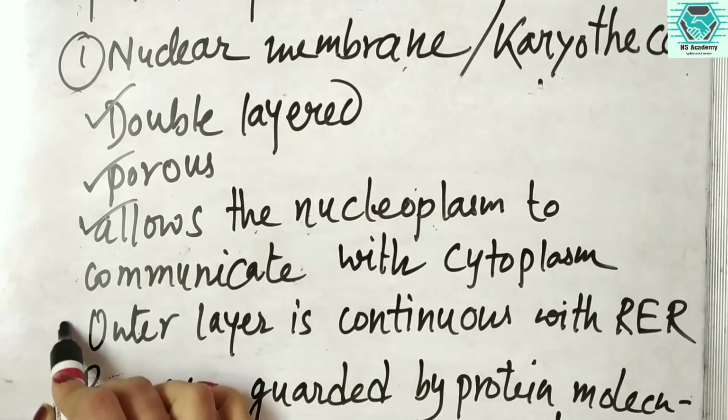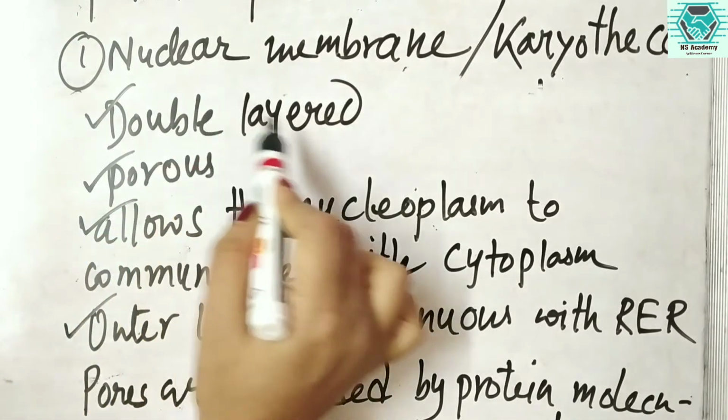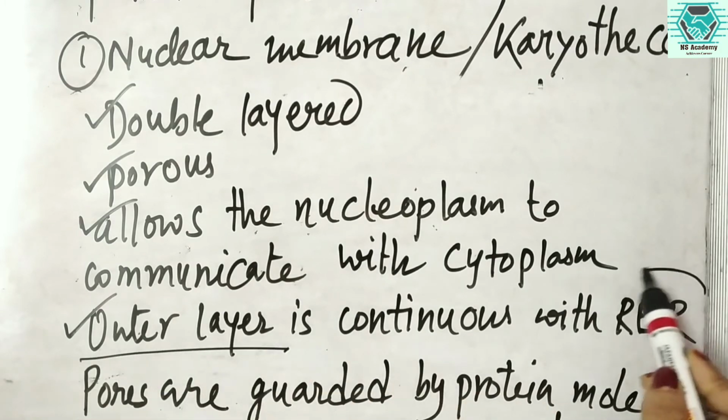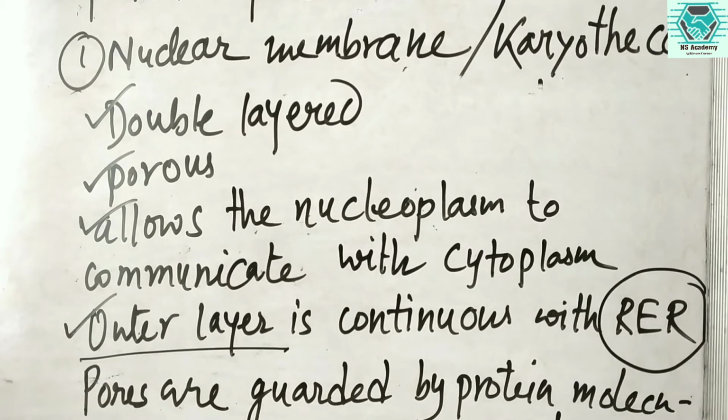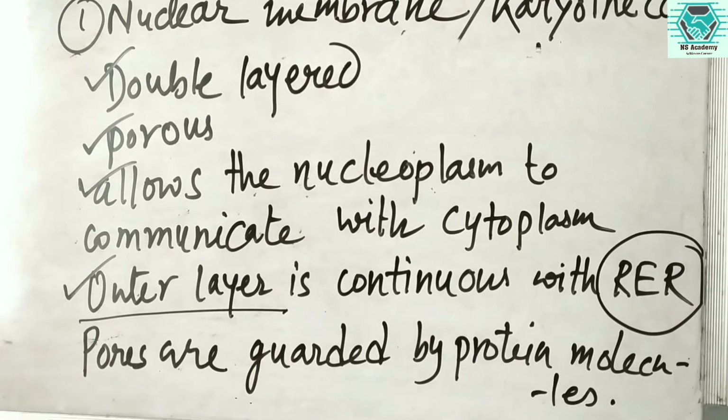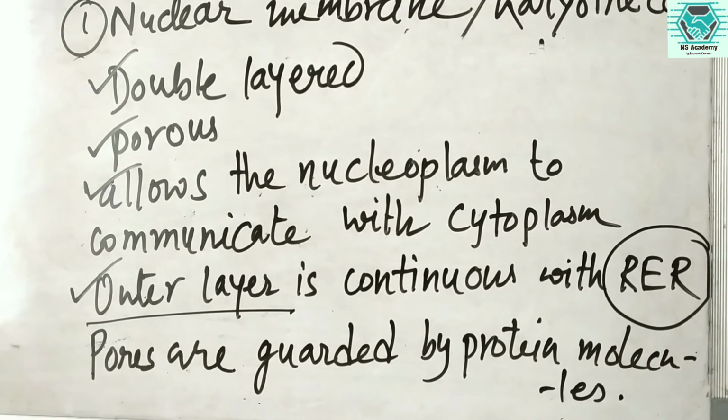In the double layer structure, inner layer and outer layer, the outer layer is continuous with the RER, that is rough endoplasmic reticulum. This endoplasmic reticulum has ribosomes on its surface, and these ribosomes are very essential for protein synthesis.